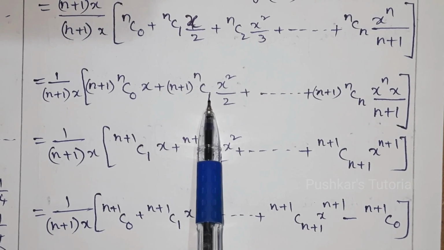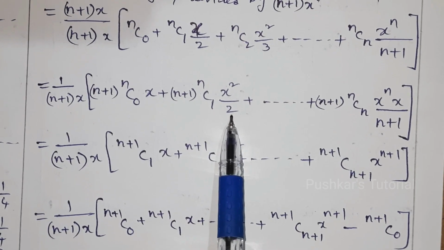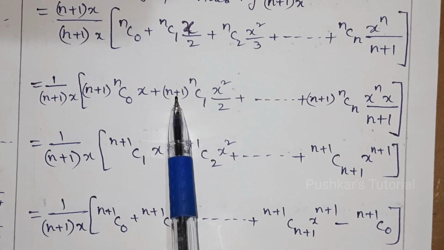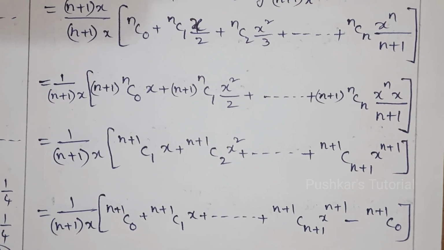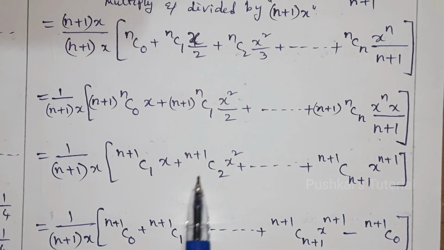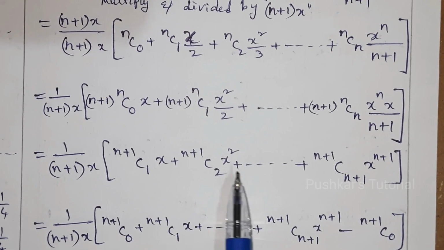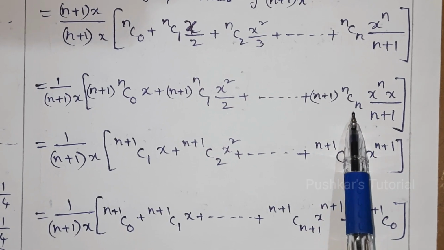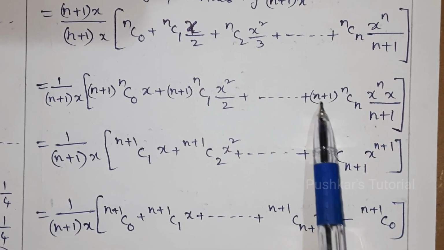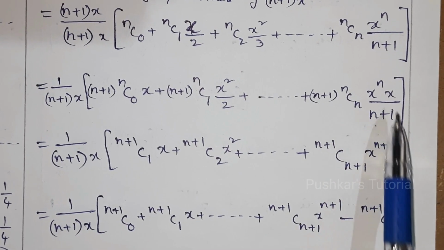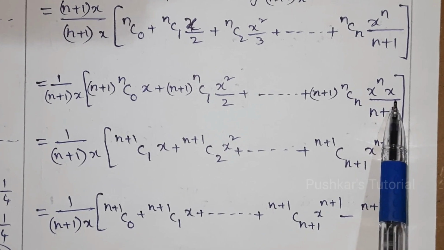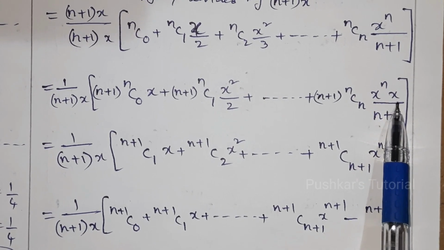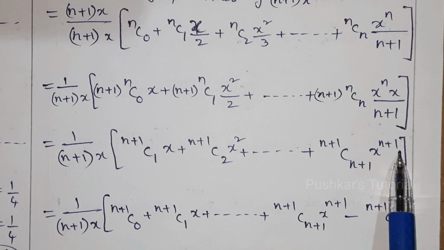The same thing: this 1 is occupied by 2 and this n is occupied by n+1 using the formula. So this becomes n+1C2 and extra x², and so on, and this n is occupied by this n+1. So n+1C(n+1), only x·xⁿ left over. Bases are same, powers should be added. So x to the power n+1.